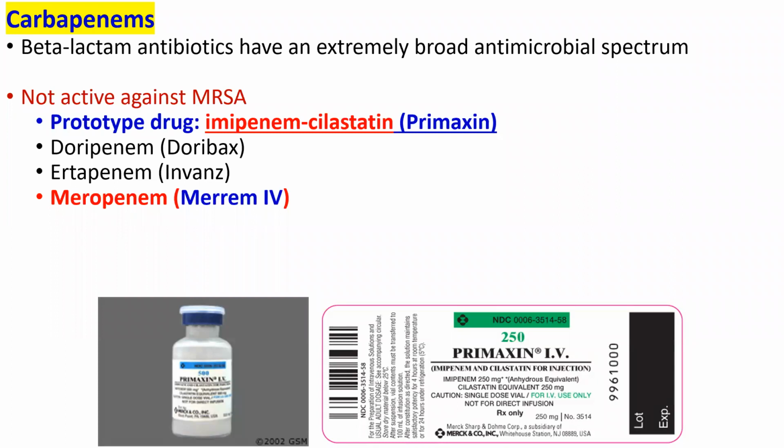The prototype drug for the carbapenems is imipenem-cilastatin, which is Primaxin, the brand name for imipenem-cilastatin. And we have another drug, meropenem, under the same family, the carbapenems, because of the suffix penem.